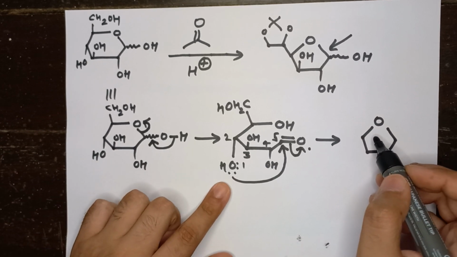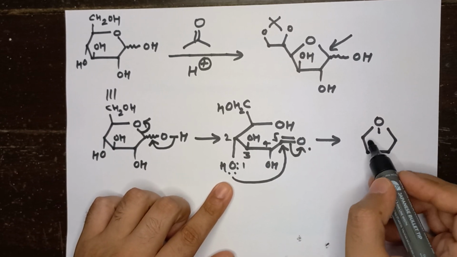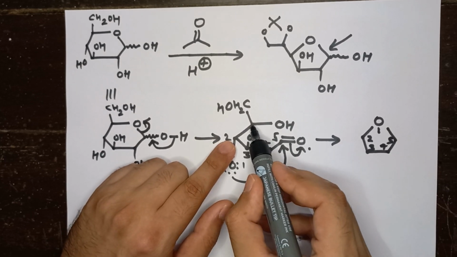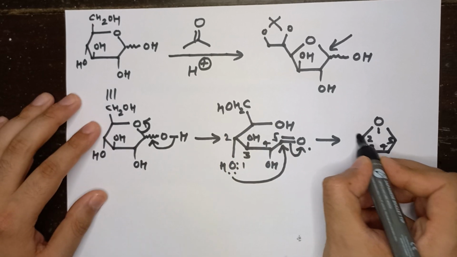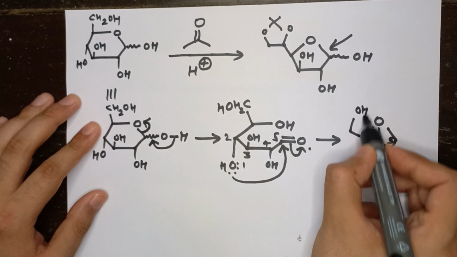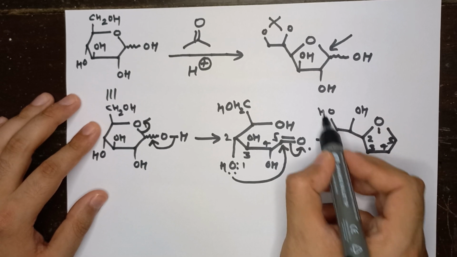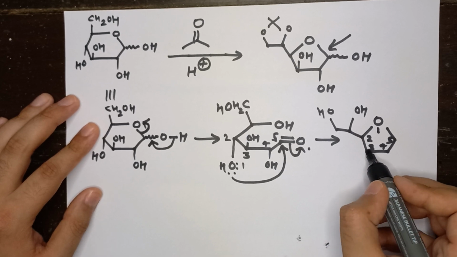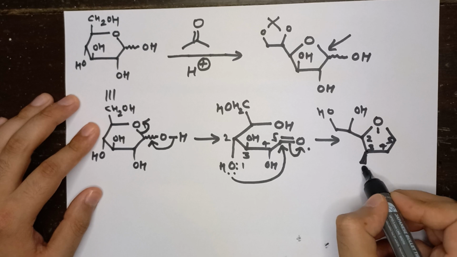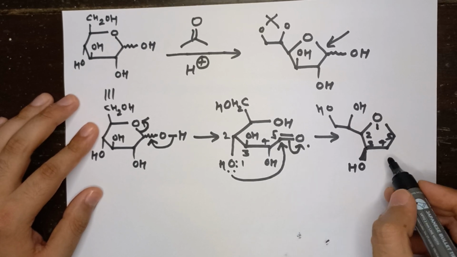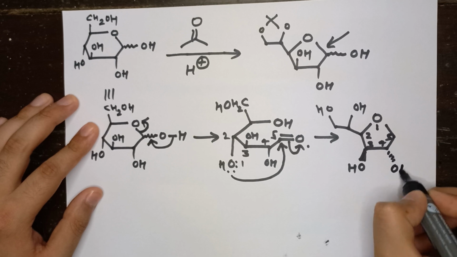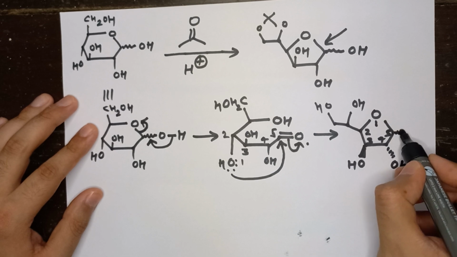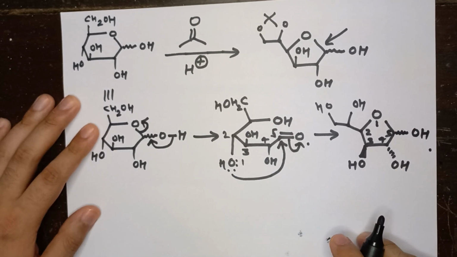Let me number them. This oxygen is 1, then we have 2 3 4 and 5. At 2 we have CHOH, CH2OH. At 3 we have OH facing upwards. At 4 we have OH facing down, and we have an OH group at this position, right?